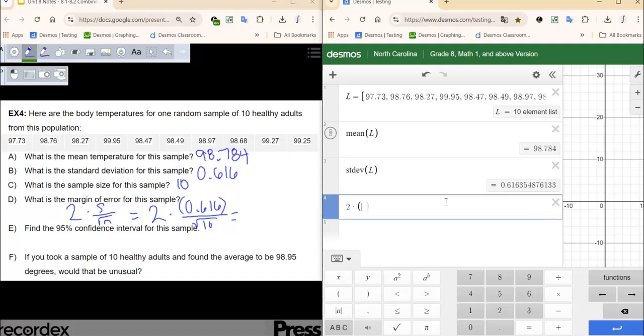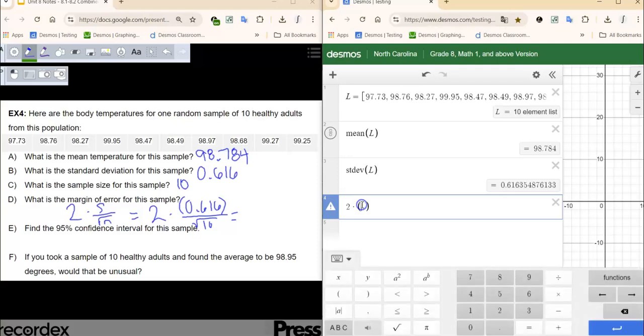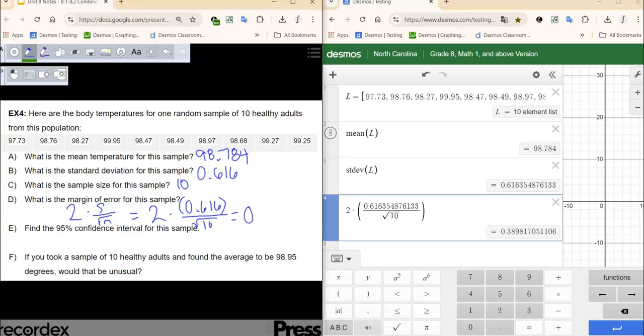Actually, it will be better if we copy that number and paste it, and then divide that by square root of 10. And so I'm getting 0.3898. So that is my margin of error.